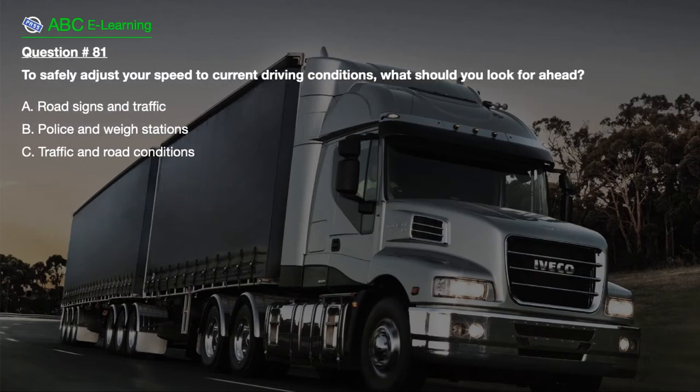Question number 81. To safely adjust your speed to current driving conditions, what should you look for ahead? A. Road signs and traffic. B. Police and way stations. C. Traffic and road conditions.